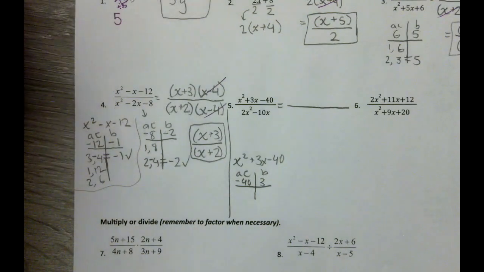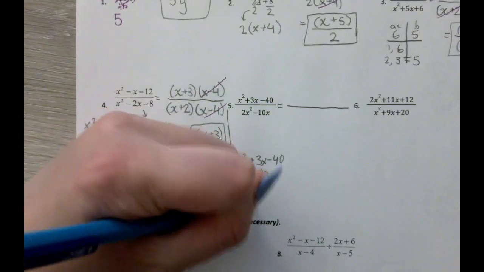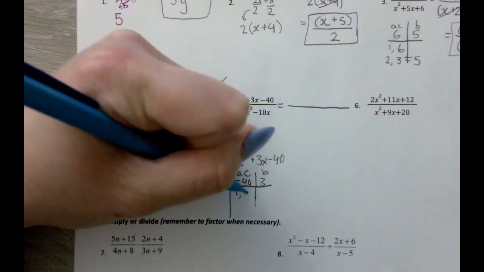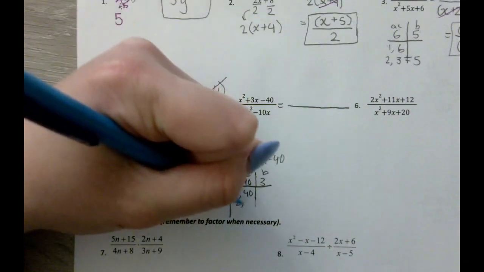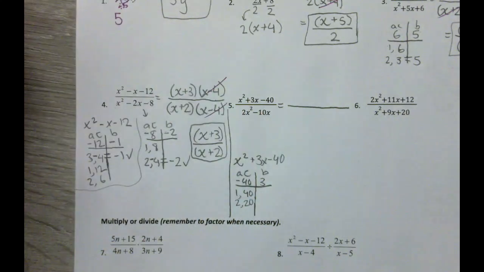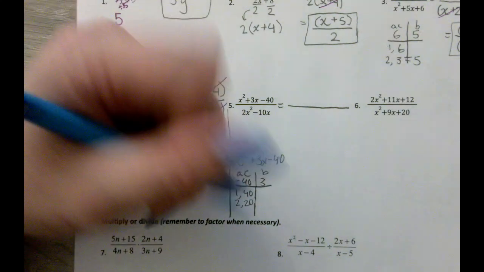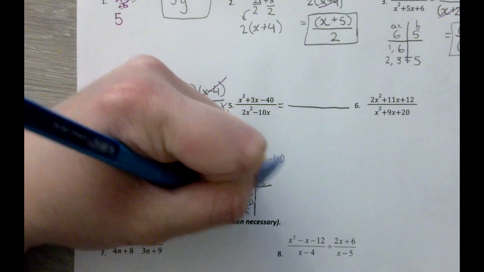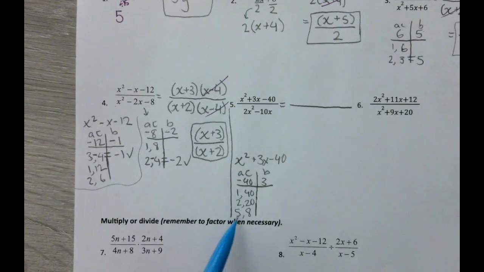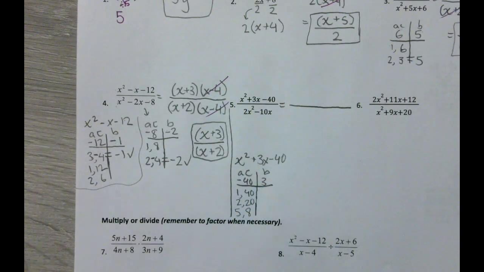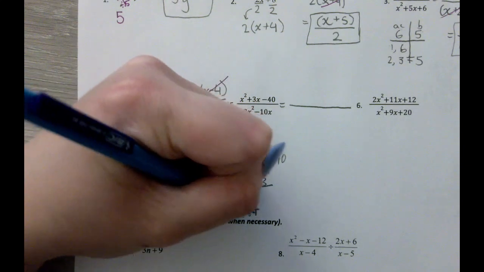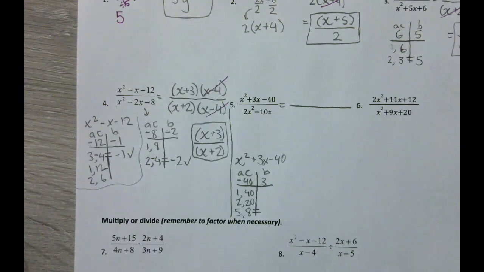Now 40 has quite a few pairs of factors. We got some of the obvious ones, 1 and 40, and then it's even, so 2 and 20. One pairing that you might think of kind of often is 8 and 5. That is the pair that we need because they are 3 apart, and that will give us a 3. Now that will be accomplished with subtraction.